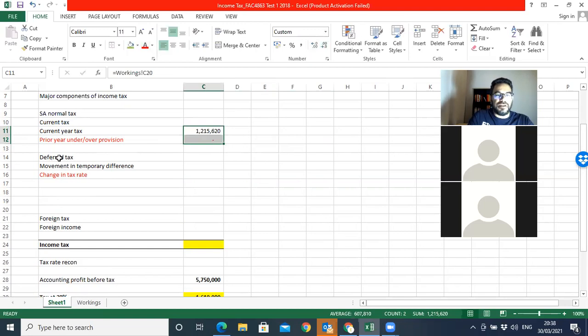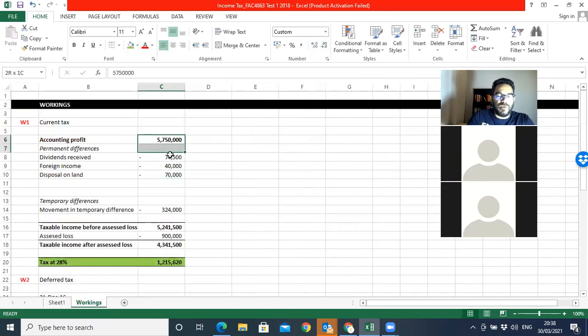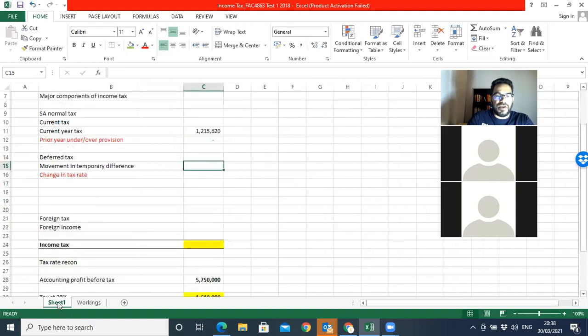Now we're going to deal with the deferred tax, our temporary difference. So take note over here. In this calculation, we were working out taxable income to get to tax. And that is why over here, we brought in the 100%. However, over here, this is the income tax number, which is a 28% number.